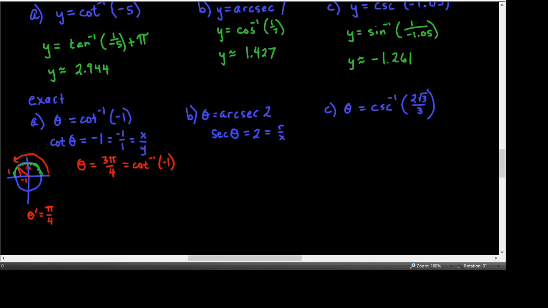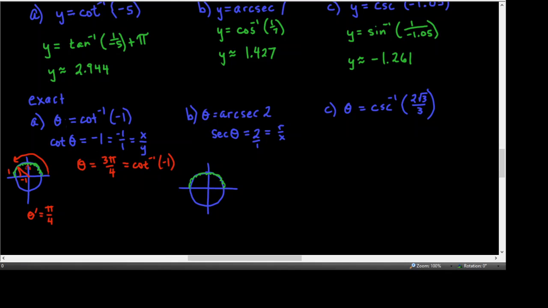So I'm going to need to put that over 1 so that I have a fraction. And then I'm going to think about the circle. Secant, like cosine, as we just saw, is basically 0 to pi. So I want r to be positive. Of course, it's always positive, but I want x to be positive.